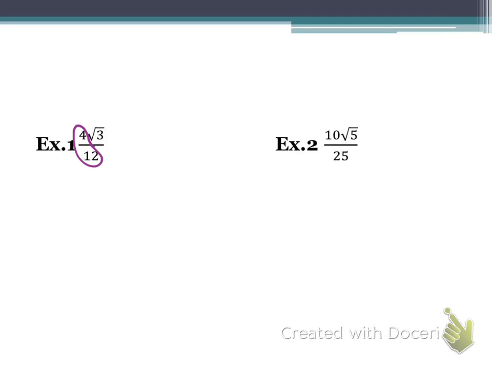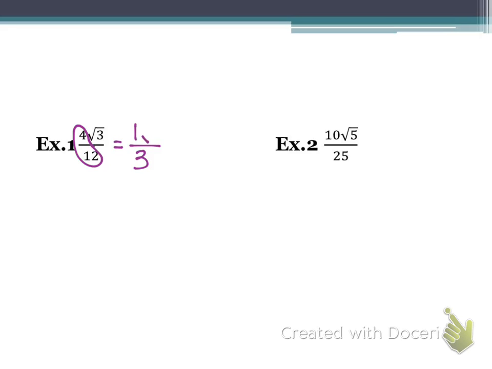So if we simplify 4 over 12 as a fraction, what's the 4 going to become? A 1. What's the 12 going to become? A 3. And what else do you think we're going to have? The square root 3 is going to go where?